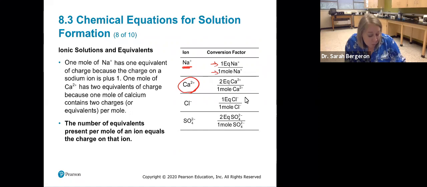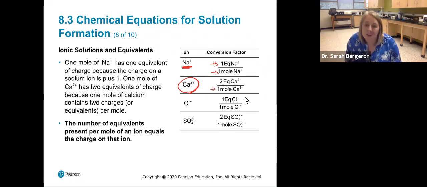So if we have 1 mole of calcium 2+, what is that giving us as an overall charge? For 1 mole of calcium, we're going to have 2 moles of charge because each atom is carrying a +2 charge instead of a +1 charge. So the equivalent for calcium is 2 equivalents of charge for every 1 mole of calcium.